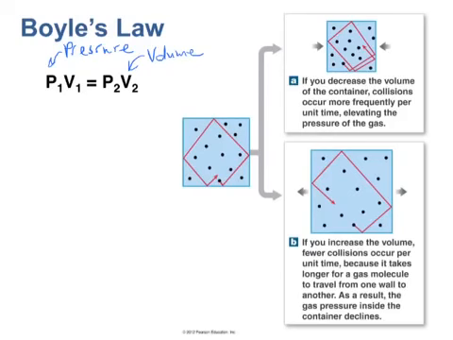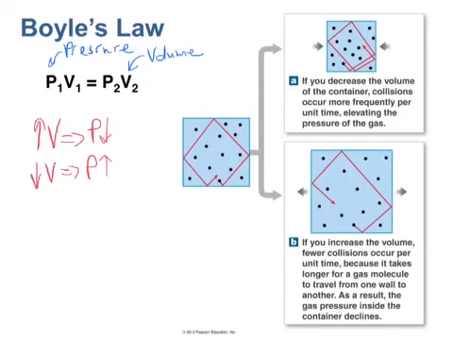By P1V1 equaling P2V2, what you basically need to know is that as the volume of a chamber goes up, the pressure of the gas within that chamber goes down, and vice versa. As the volume of a chamber decreases, the pressure of a gas within that chamber increases.